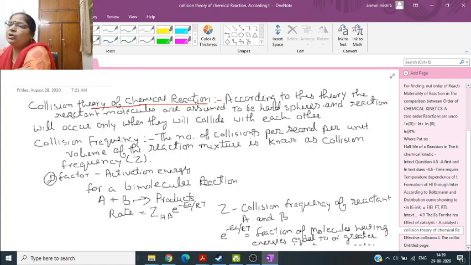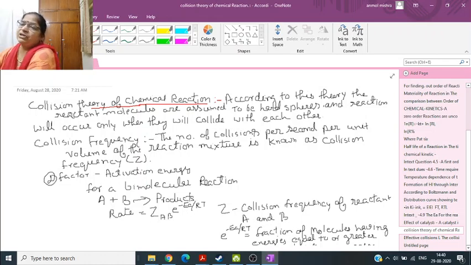Only those molecules will convert into product which have sufficient energy, and those collisions are called effective collisions. So according to collision theory, reactant molecules are assumed to be hard spheres and the reaction occurs only when they collide with each other and have a sufficient amount of energy.